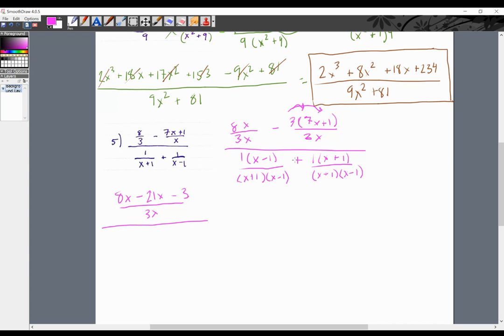And on the bottom, I'm going to FOIL out x plus 1 times x minus 1. We know that comes out to x squared minus 1. And distributing a 1 doesn't do anything here, so I have x minus 1 plus x plus 1.